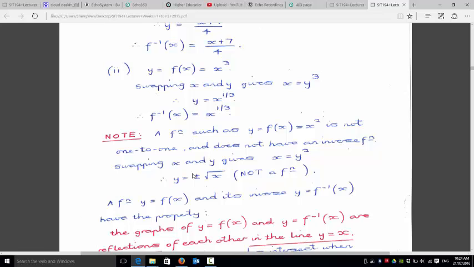We will have to restrict the domain and make sure we get a partially one-to-one function, and then we will get the inverse function.